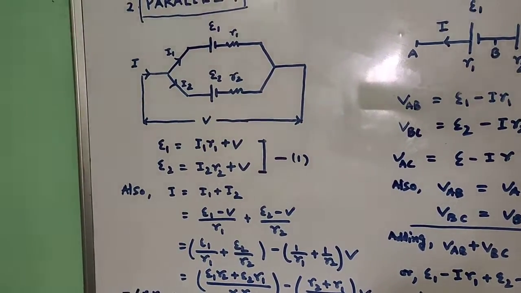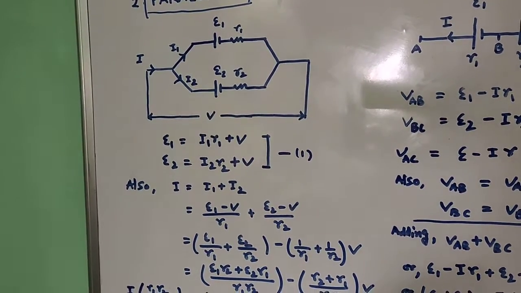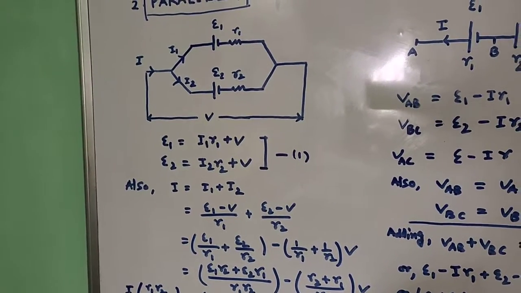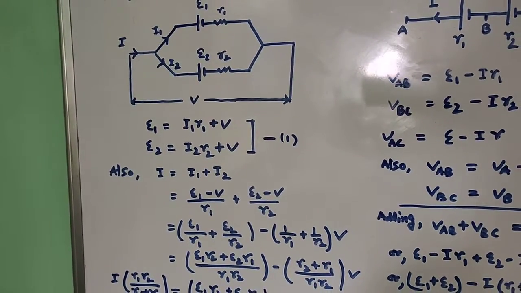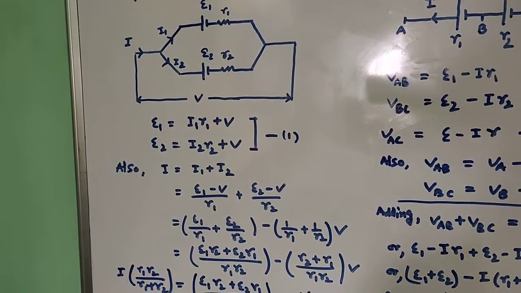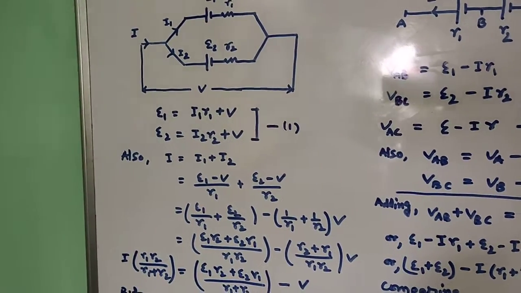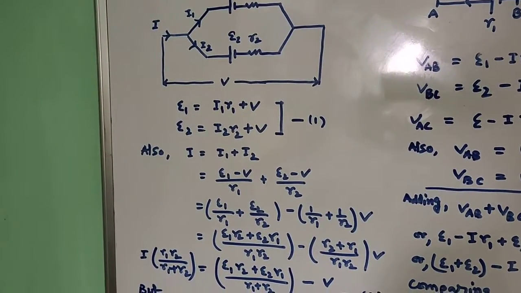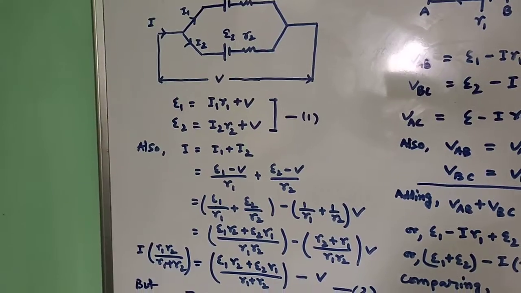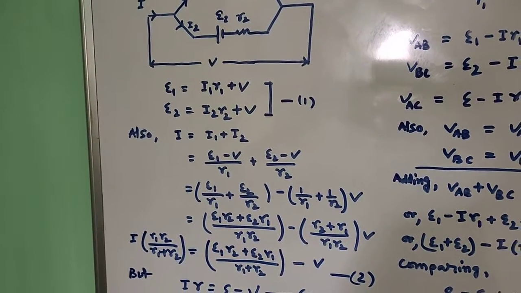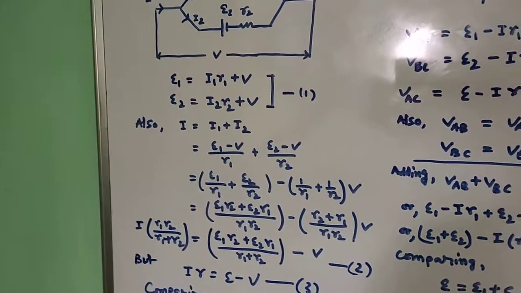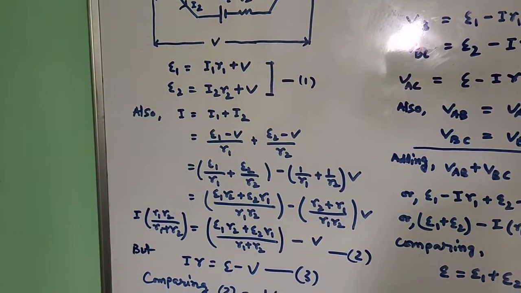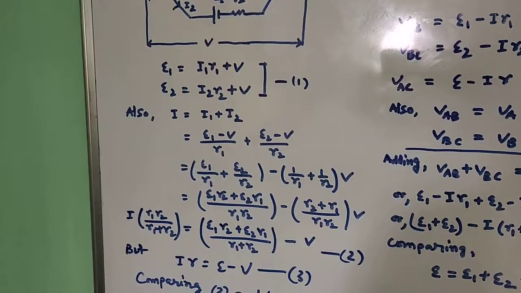So let me substitute I1 as (E1 minus V) by r1, and I2 as (E2 minus V) by r2. So I equals E1 by r1 plus E2 by r2, minus (1 by r1 plus 1 by r2) V. So that is (E1 r2 plus E2 r1) by r1 r2, minus (r2 plus r1) by r1 r2 times V. So (r1 plus r2) by r1 r2 you have to take common.